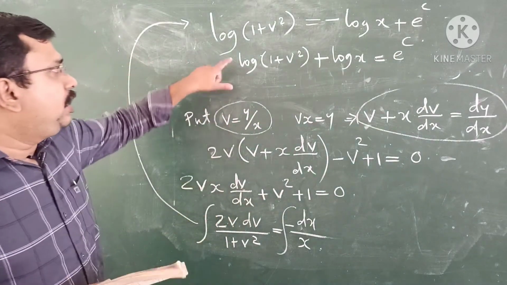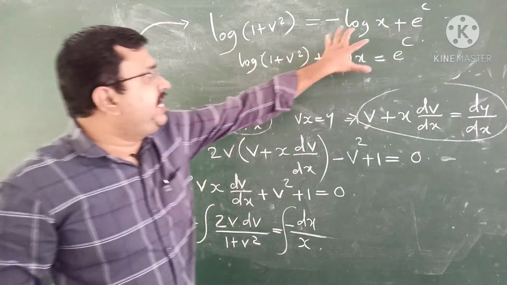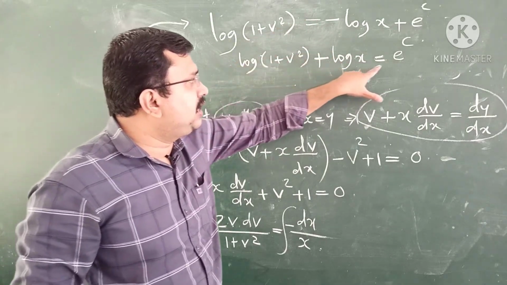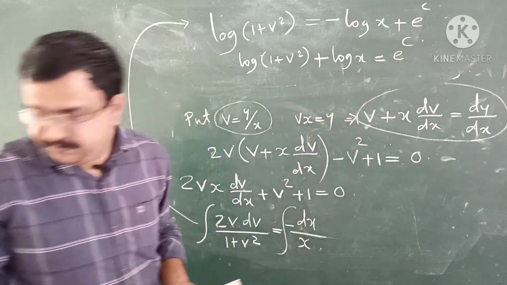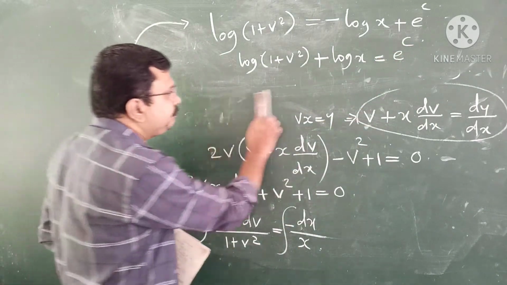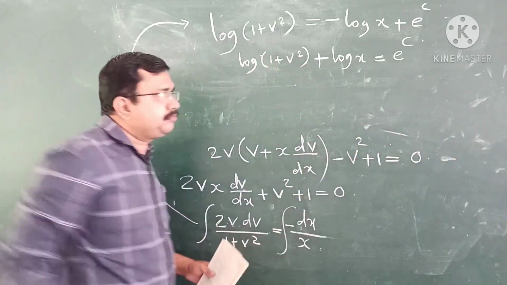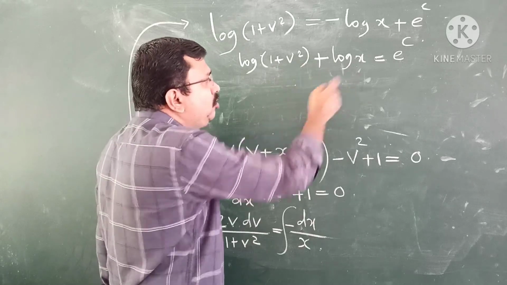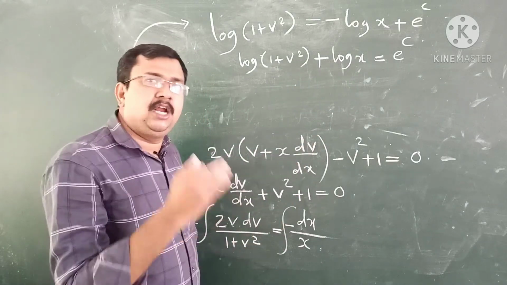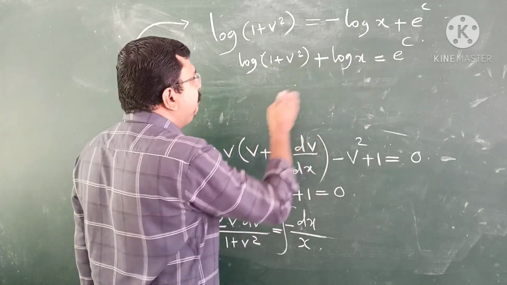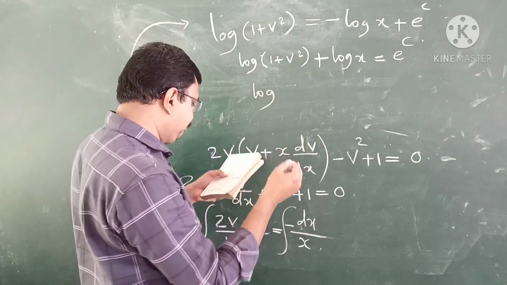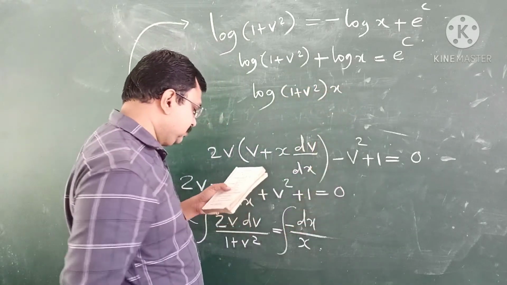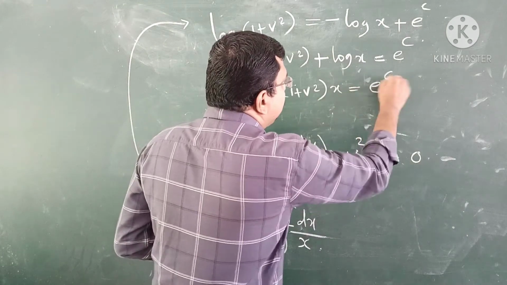Okay, this is of the form log a plus log b. What is log a plus log b? Log of a into b. Therefore, it will become log of 1 plus v square into x equal to e raised to c.